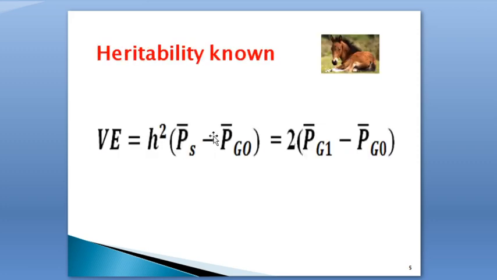Okay, now when the heritability is known, the formula previously used becomes this, that is breeding value is equal to heritability times the selection differential. The selection differential is this term, which is the average performance of the selected parents minus the average performance of the parental population from which these are selected.